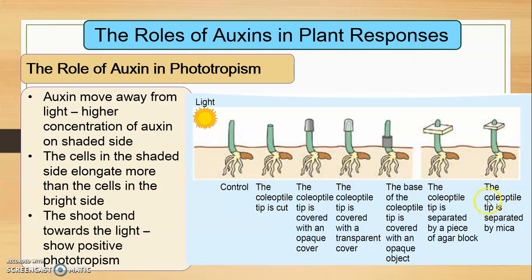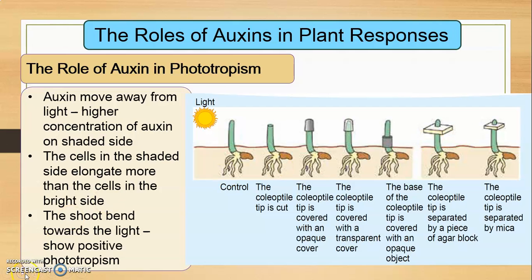Alright. And then the coleoptile tip is separated by mica. So for this one, the coleoptile is cut and the mica is put in. Mica refers to ceramic, which is an opaque object also, whereby the diffusion of the chemical substance cannot occur.